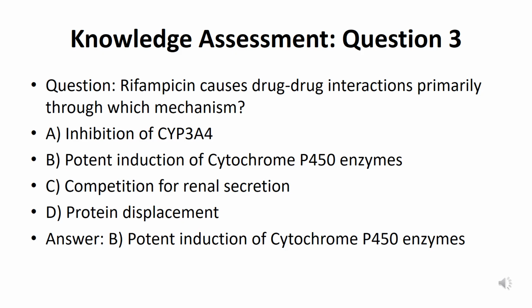Whenever you encounter a question about rifampicin and drug interactions, think of one phrase immediately. Potent cytochrome P450 induction. That's the hallmark mechanism. And that's why the correct answer is B, potent induction of cytochrome P450 enzymes.